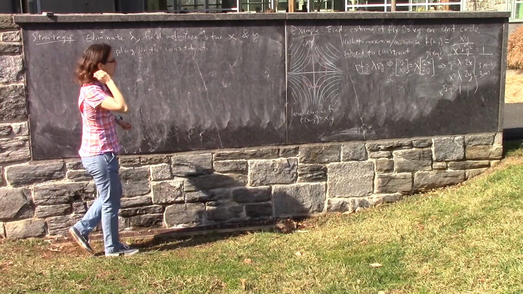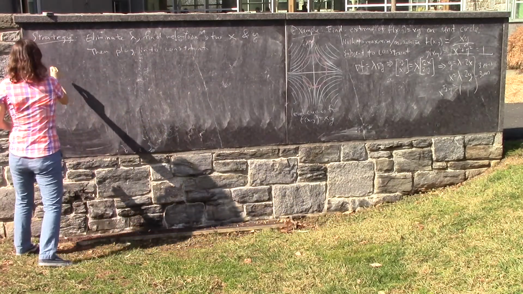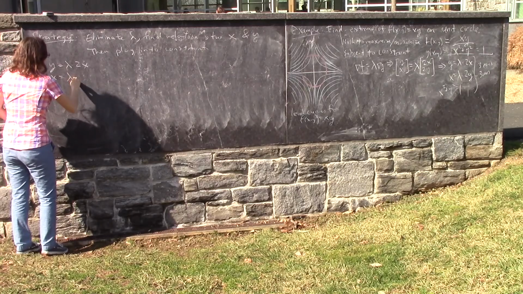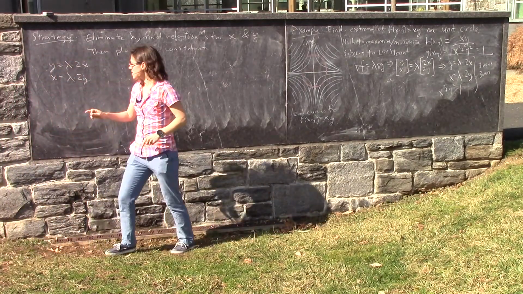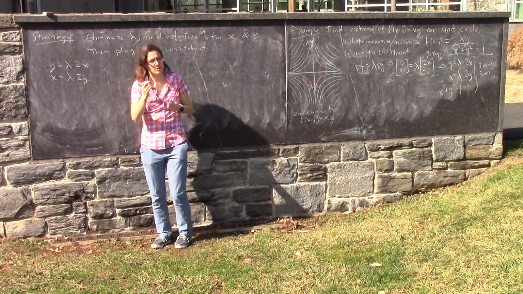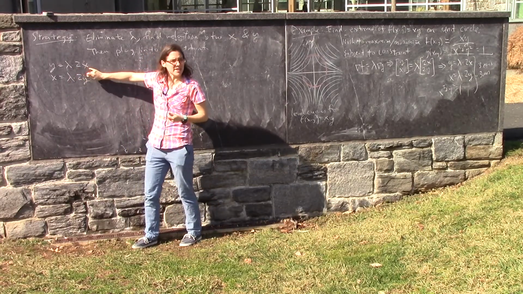So we have these two equations with the lambdas. We had y equals lambda times 2x, and x equals lambda times 2y. One thing you can do is solve for lambda, and then set the two things that are equal to lambda equal to each other. The thing you need to be careful about is that you have to be dividing by x.